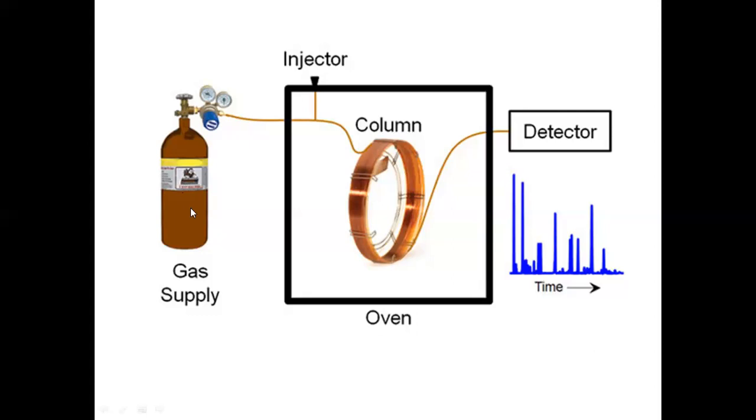So the gas supply from the gas tank will be connected to a flow regulator or a pressure gauge. Now you can see how we read the pressure gauge. The inlet pressure will be maintained at least 50 psi, pounds per square inch.